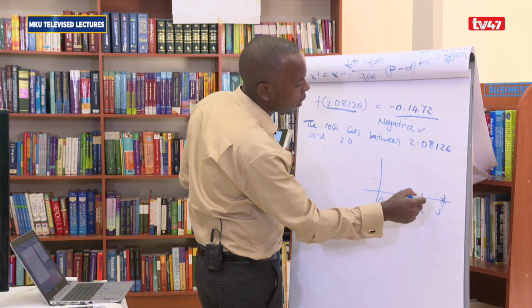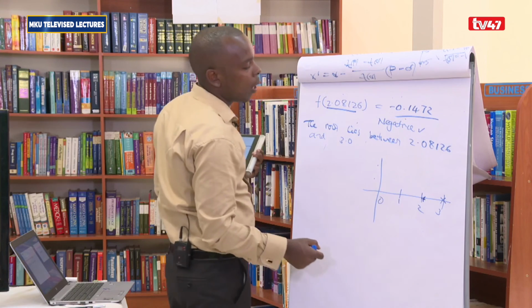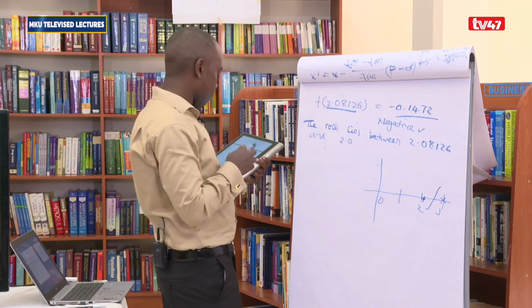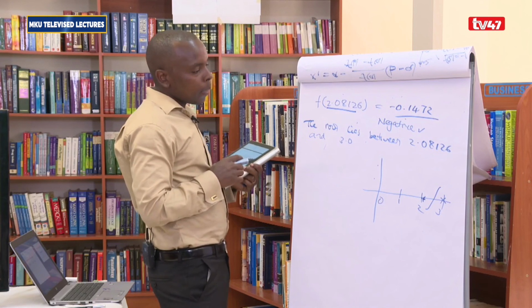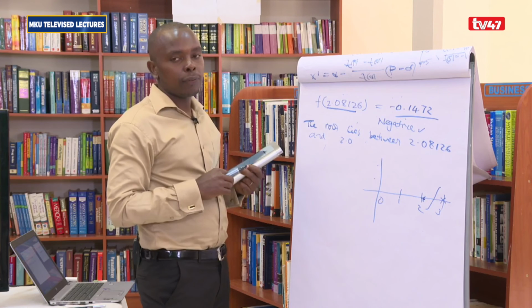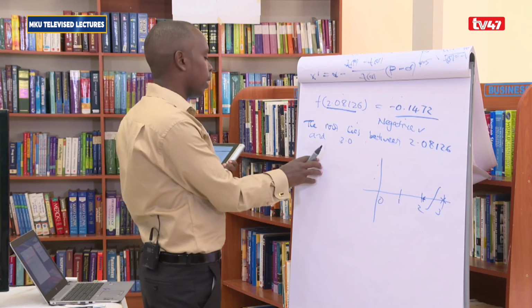So we are still converging to the root. So you note that in some cases the rate of convergence may be slow, and in some other cases the rate of convergence may be very fast.